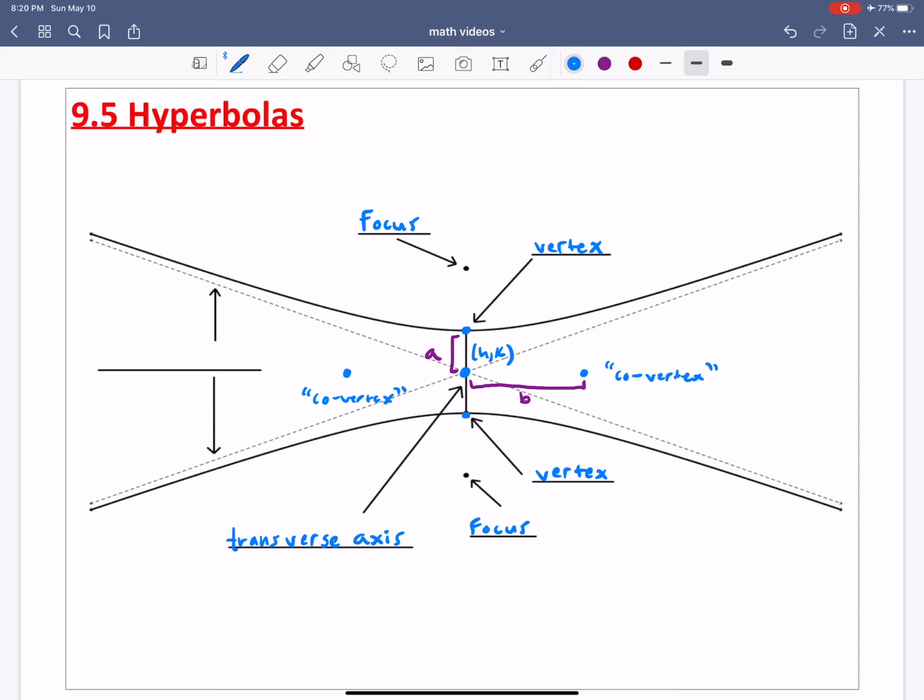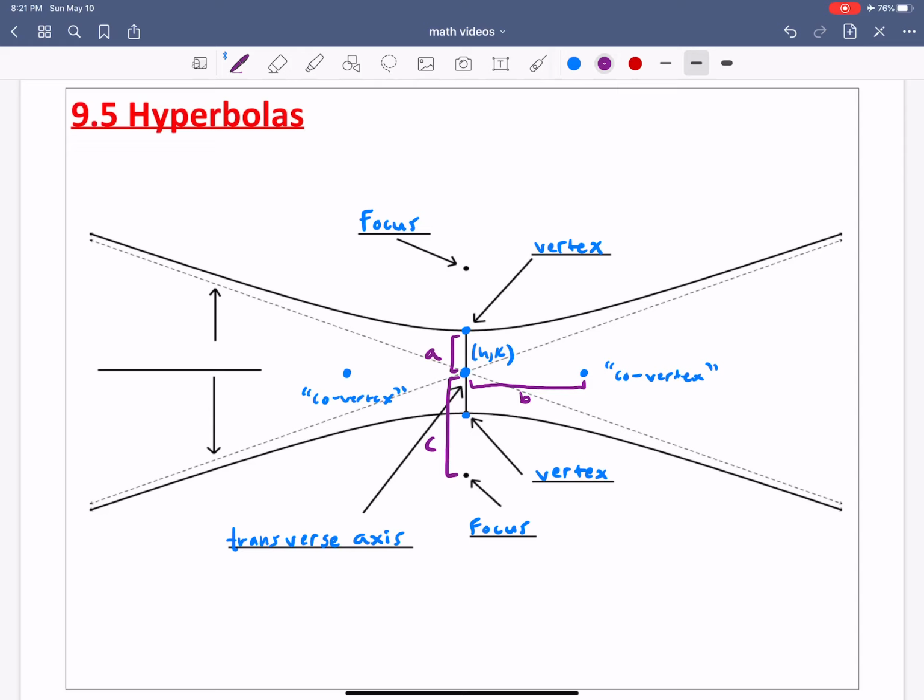Foci feels a little safer to me, feels a little better rolling off the tongue. Now, again, similar to the ellipse, the distance from the center to a focus point, I want it to be purple, will be c units as well. The distance will be c units, okay?